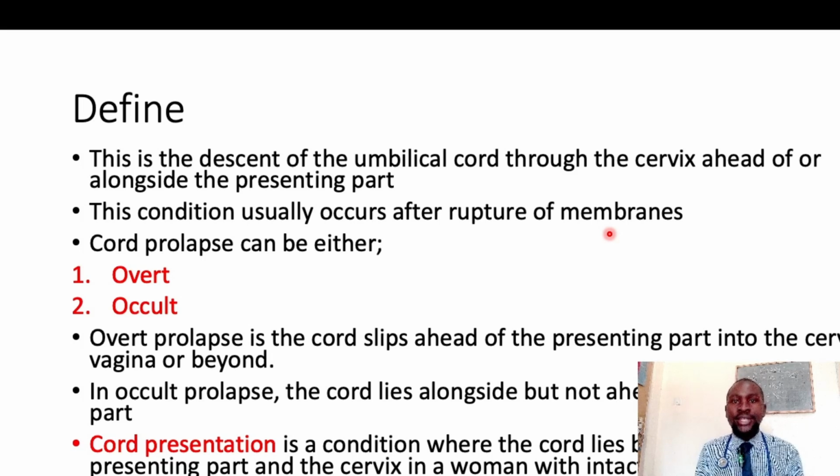Now, once the amniotic membranes rupture, you have the amniotic fluid coming out, and you can have the cord coming out together with the amniotic fluid.